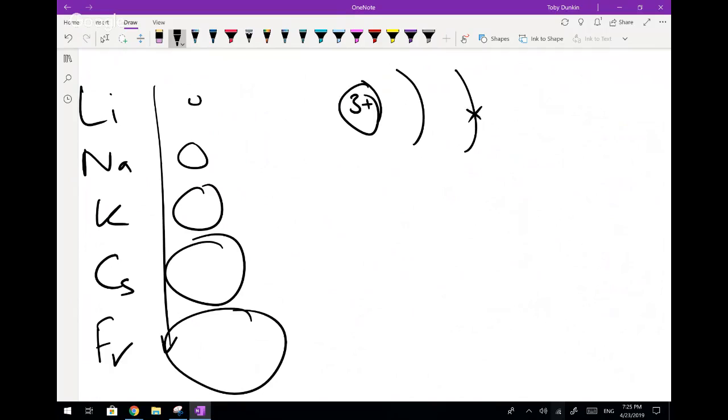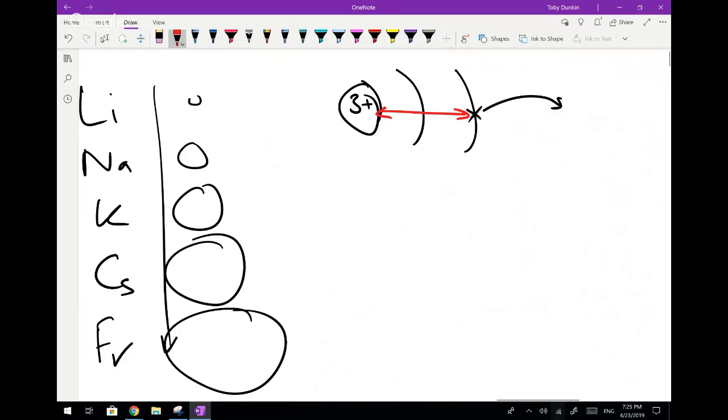We know that metals only ever give away electrons. They lose electrons. So lithium needs to lose one, and in order to do this, it has to break the attraction it has to the nucleus. That's the key thing here: I've got to actually break a bond. That also reminds me that the removal of that electron will be endothermic, because I'm going to break a bond. But that attraction is very big because it's very close.